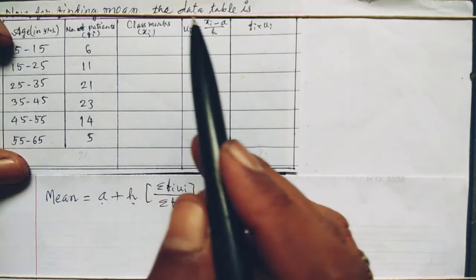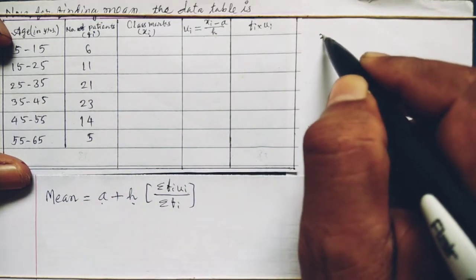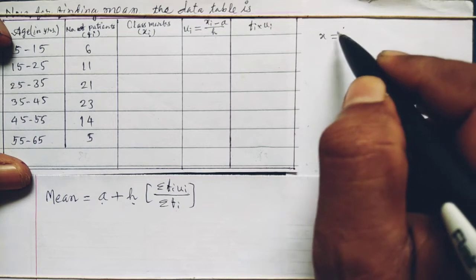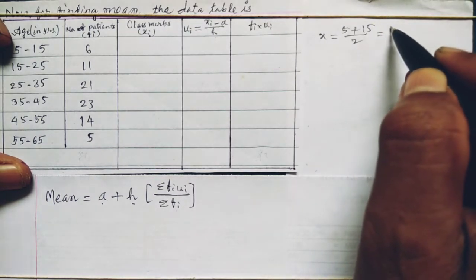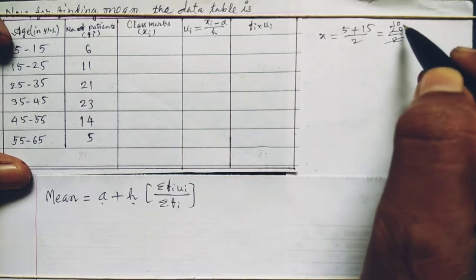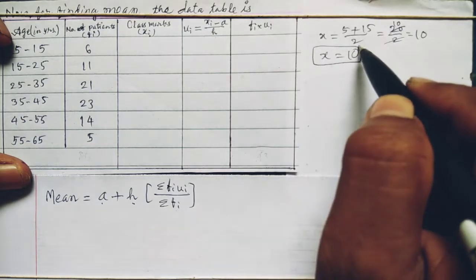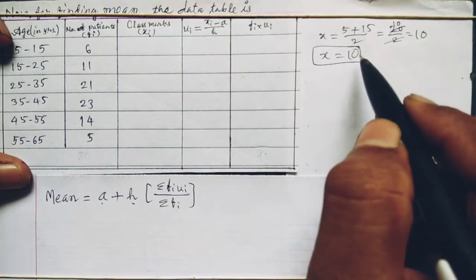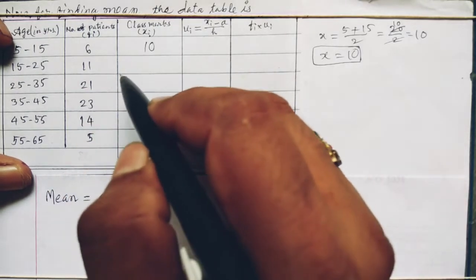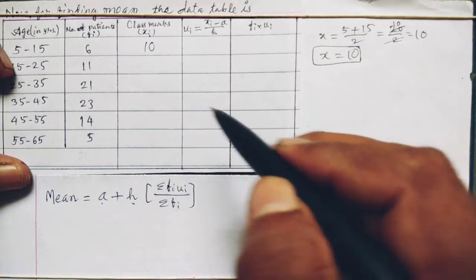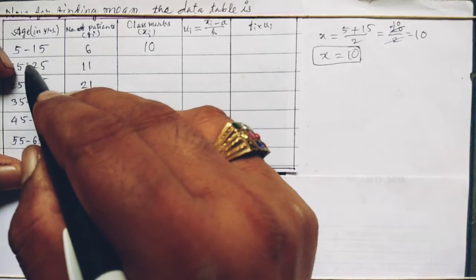Xi means mid values, class marks. x is equal to the average of the class, 5 plus 15 by 2, 20 by 2, 10. So x is equal to 10. Basing on this mid value, we can find the next values by adding the length of the class.